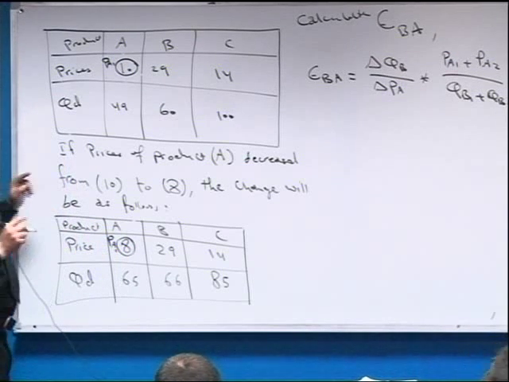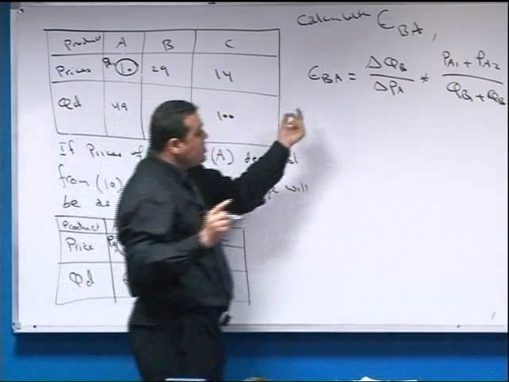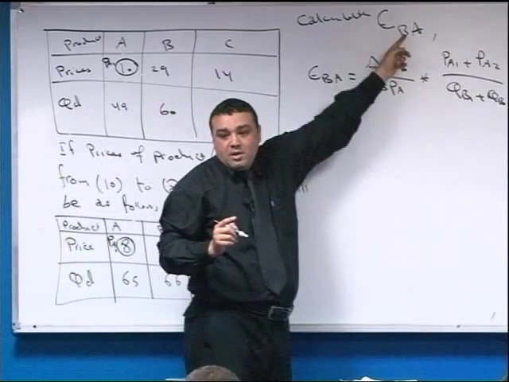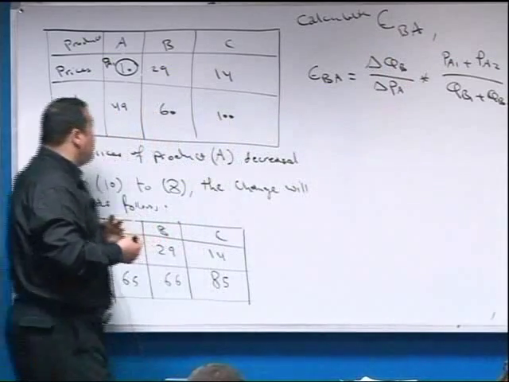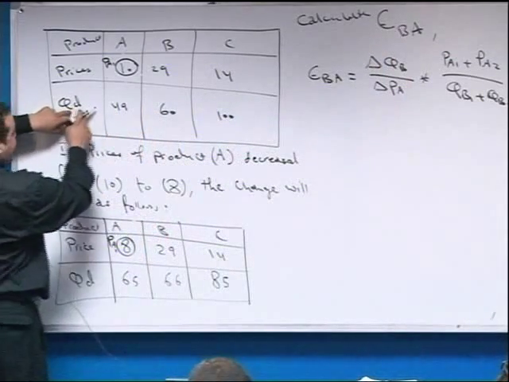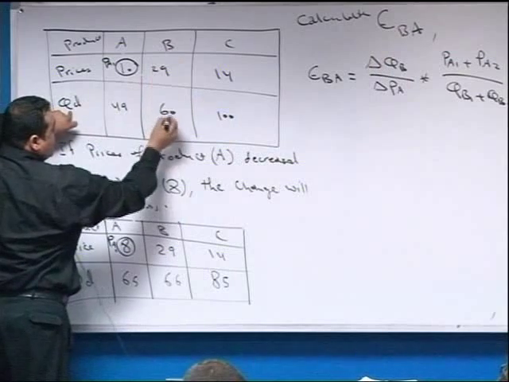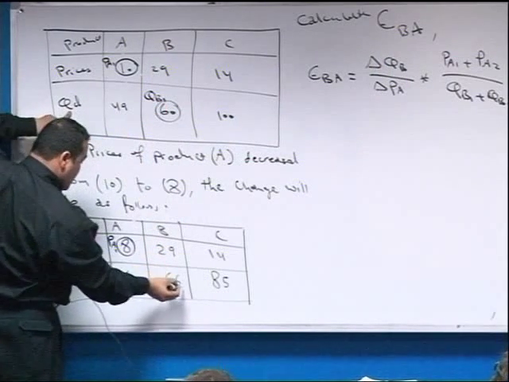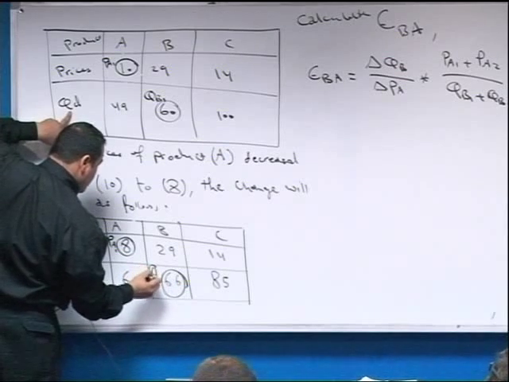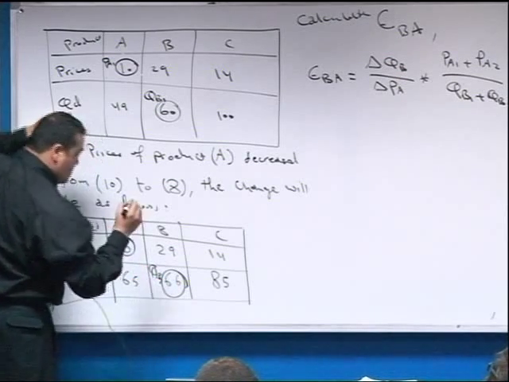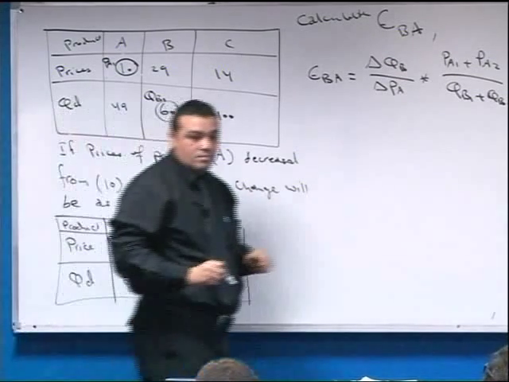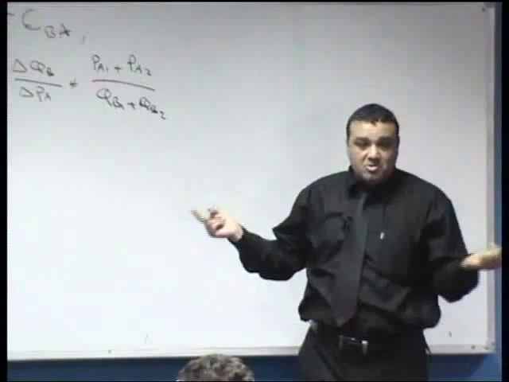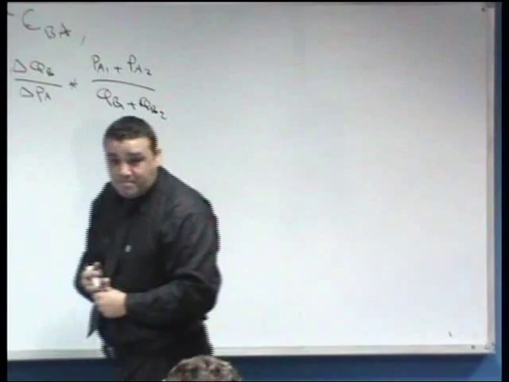Then we are going to calculate the relationship between the price of A and the quantity demanded of B. Where is the quantity demanded of B? 60. The quantity demanded of B, 60. This is QB1, and this is QB2. If there is a correct determination, it's easy to calculate the cross price elasticity of demand, right?